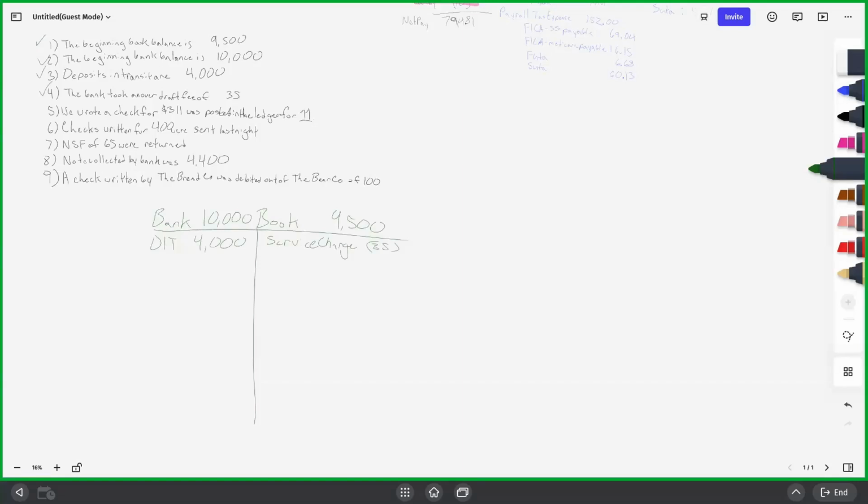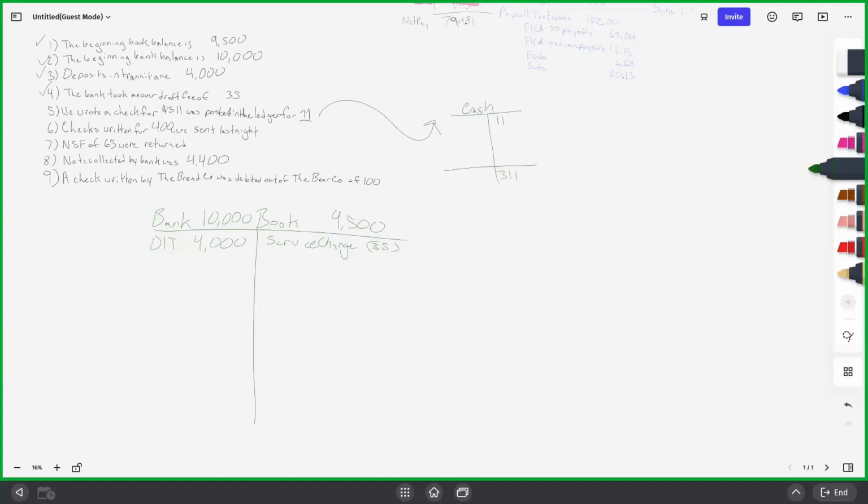We wrote a check for $311 and it was posted in the ledger for $11. So is this the bank or the book? Book error. With book errors, always make sure you do a T-chart. So how much did we post it in the ledger for? 11. How much should it have been? 311.